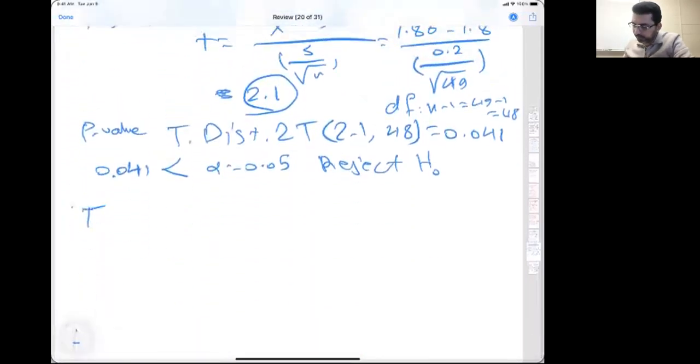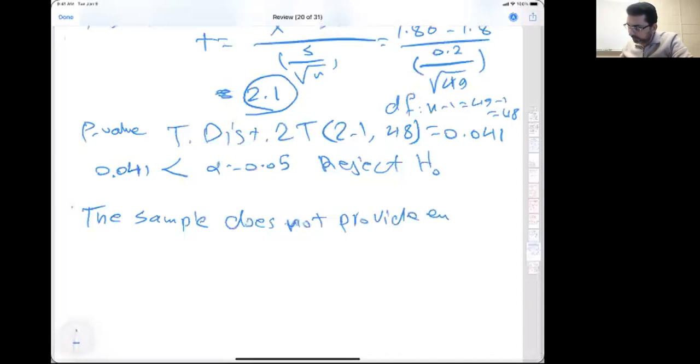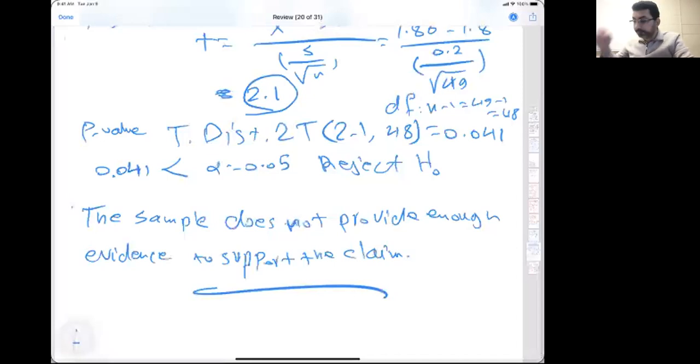So the sample doesn't provide enough evidence to support the claim. Okay, so this is the answer of that one.